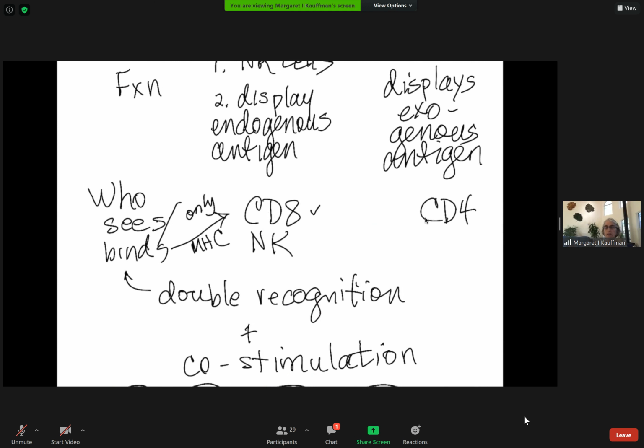This guy needs MHC2 as an antigen presenting cell. So this one needs antigen on the MHC1, and this guy needs antigen on MHC2.